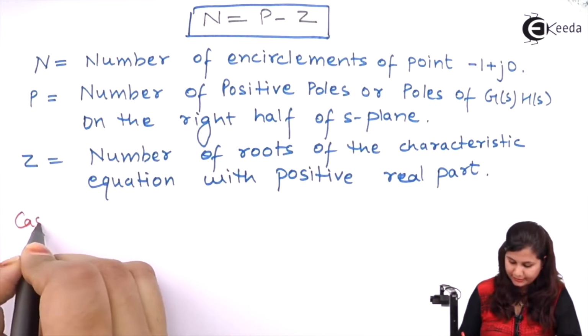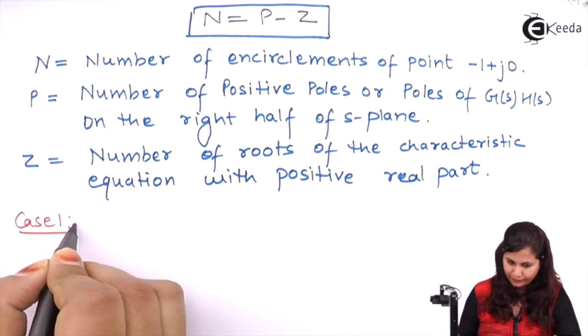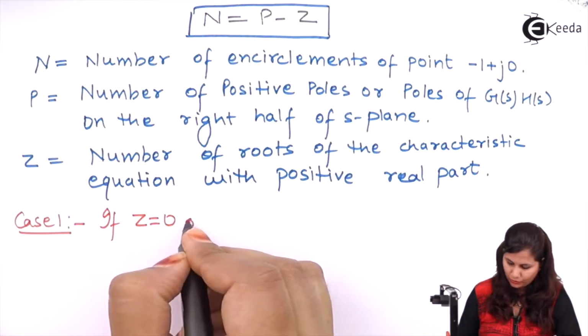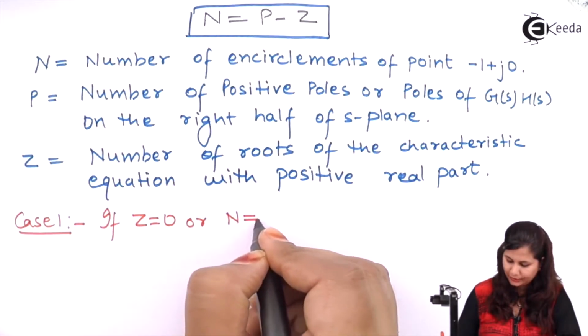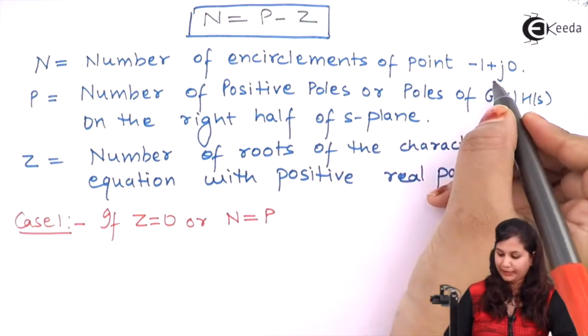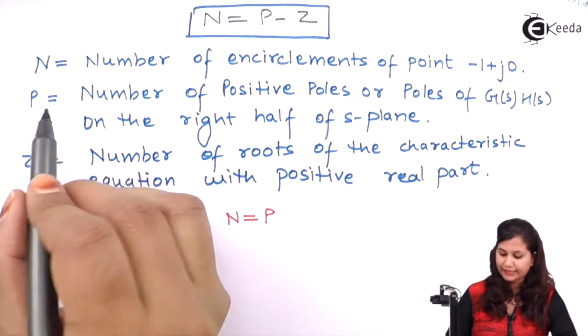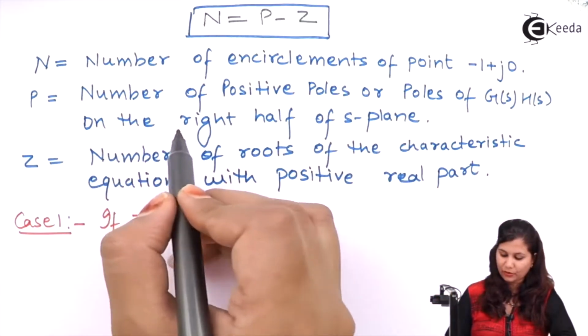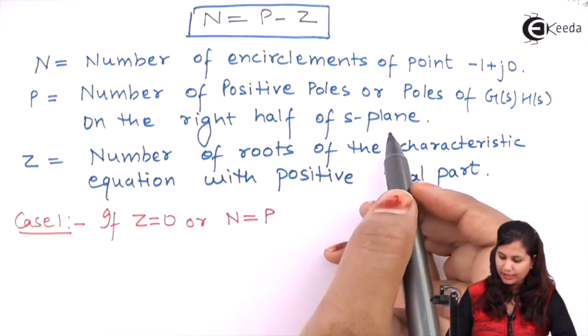First case is if Z is equal to 0, or we can say that N is equal to P, that is, the number of encirclements of the point minus 1 plus j0 is equal to the number of positive poles of G(s)H(s) on the right half of the S plane.